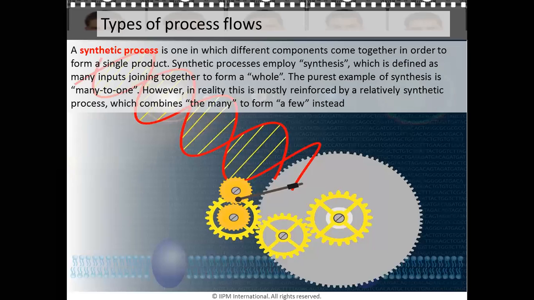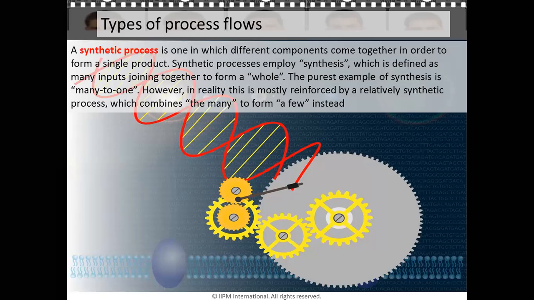A synthetic process is one in which different components come together in order to form a single product. Synthetic processes employ synthesis, which is defined as many inputs joining together to form a whole. The purest example of synthesis is many to one.